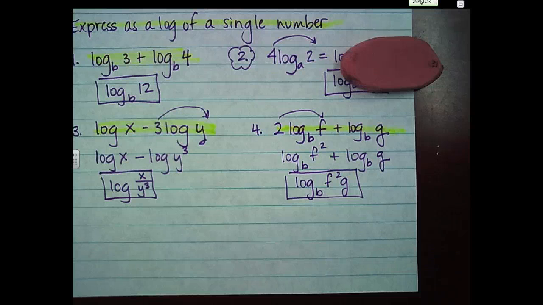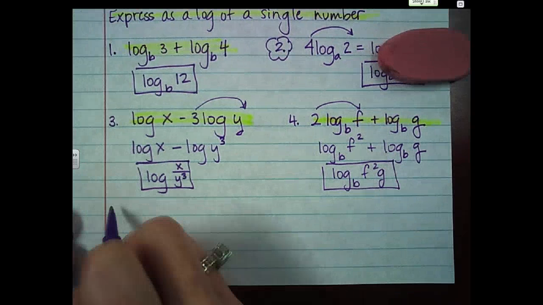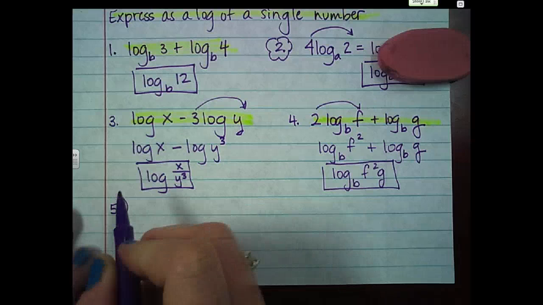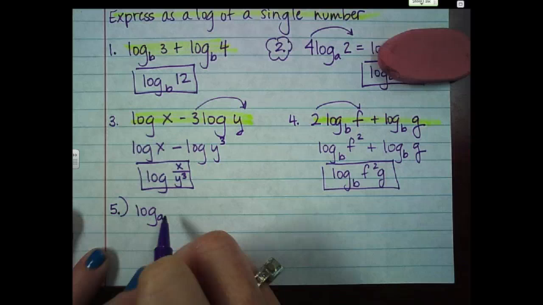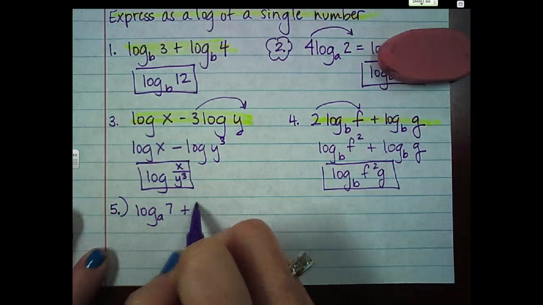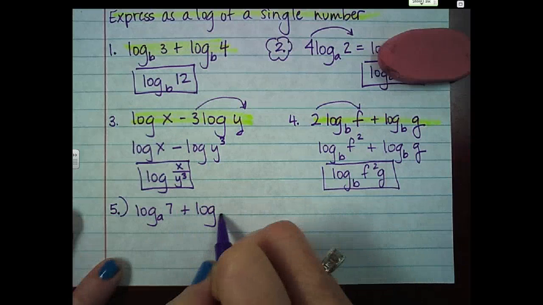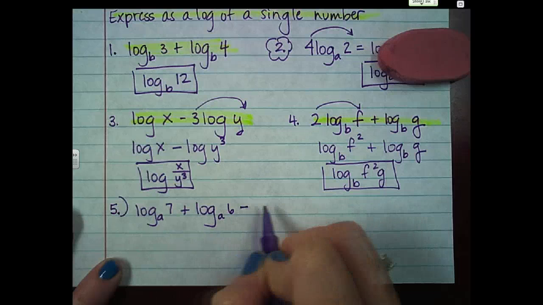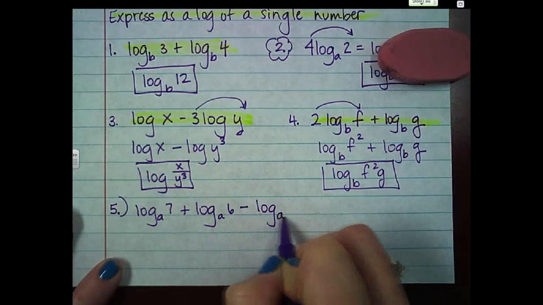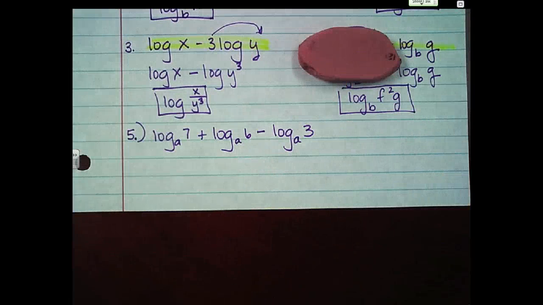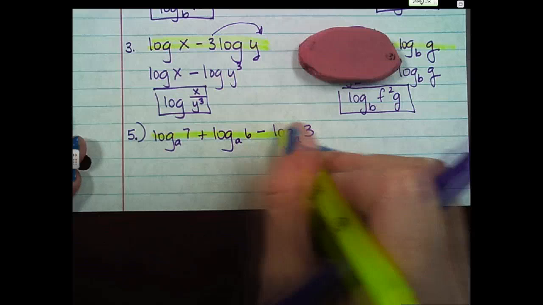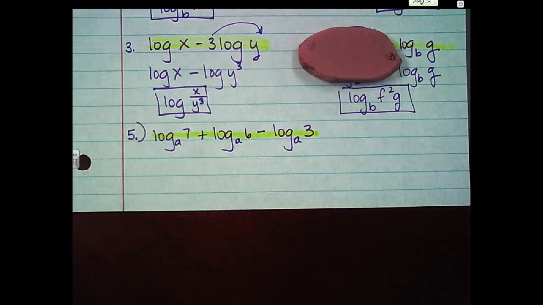All right, number 5. Log base a of 7 plus log base a of 6 minus log base a of 3. There's 3 here, right?